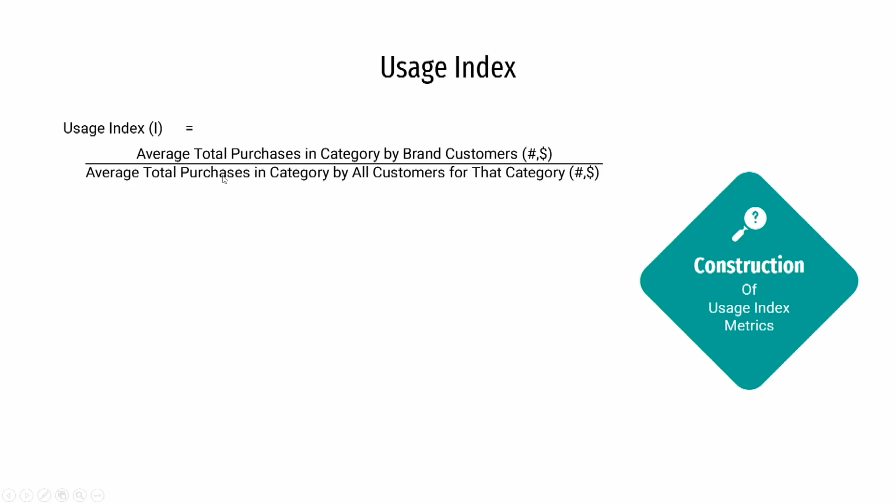Divided by average total purchases in the category by all customers of the total category. If we consider milk, what is the average packet consumption per week by users of any kind of milk. So, this gives us the usage index.